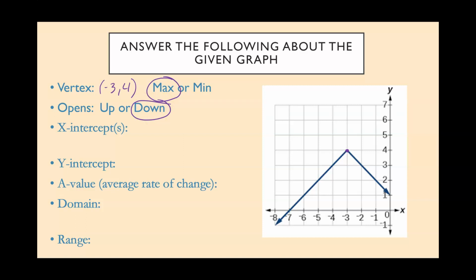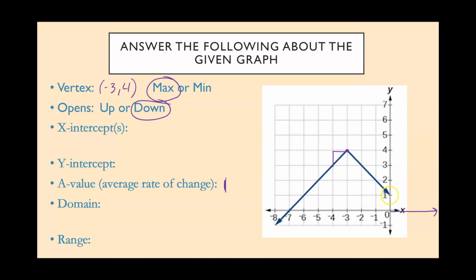Your x-intercepts, where does it cross the x-axis? This one goes off the graph, so you have to draw a little bit more, and that's fine. To do that, let's get down to our a value. Remember when you had linear graphs, you had to keep going with your rise over run to continue your graph and find more points? Same thing here. This graph rises 1, runs 1, so my a value here is 1.